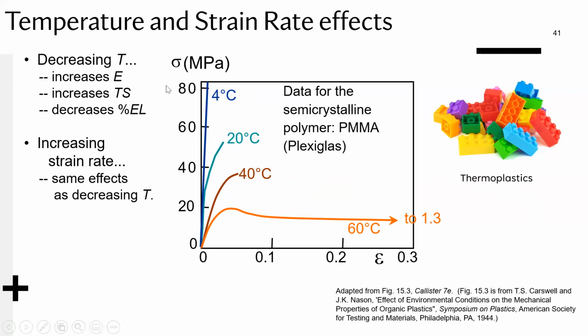Now, apart from just the decreased elongation, you also have an increased slope, which you can see corresponds to the elastic modulus. So typically it becomes stiffer, and the mechanical strength, the ultimate tensile strength, increases, but it has a decrease in elongation, as you can see when you reduce the temperature.